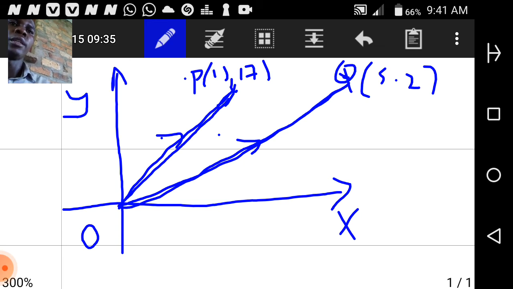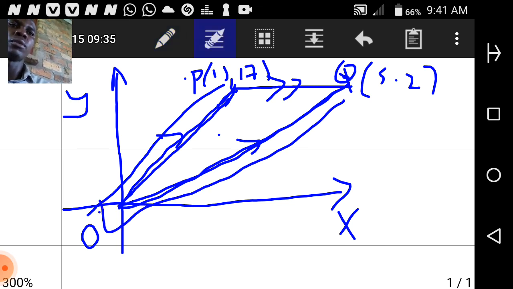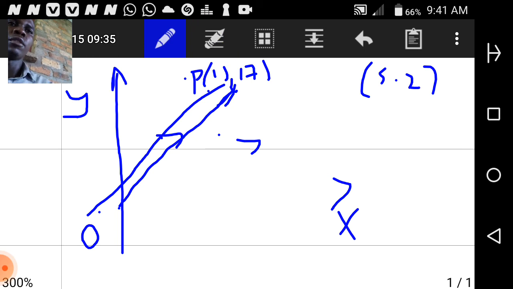So the displacement PQ is the same thing as PO, we move like this, then plus OQ, which is that one there.